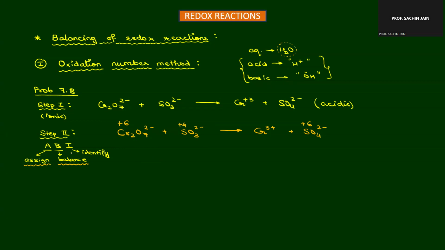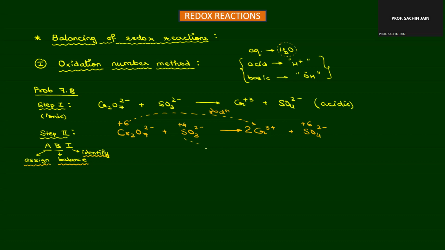We have to balance the atoms undergoing the change. So 2 chromium will be balanced with 2 Cr on the right. Sulfur is already balanced because it is a single atom on both sides. Now identify. +6 to +3 indicates a decrease in oxidation number, so it undergoes reduction.